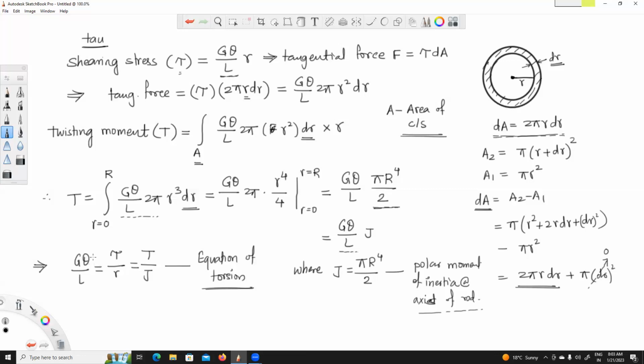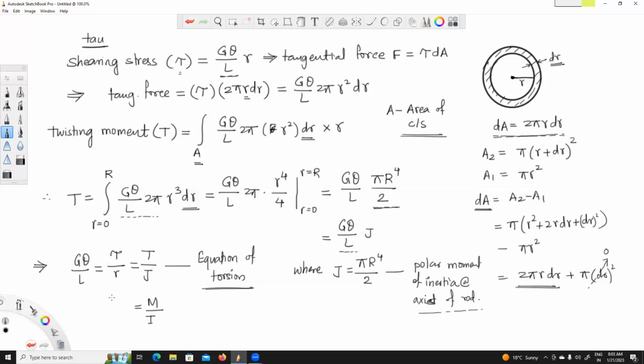Exactly similar to the bending equation, we have this torsion equation where we relate the modulus of rigidity, angle of twisting, length, shearing stress, radius, twisting moment and polar moment of inertia. If I write the analogy for the bending part, it would be M divided by I, where M is the bending moment. Instead of bending moment, we have here twisting moment. Instead of polar moment of inertia, we just had moment of inertia.